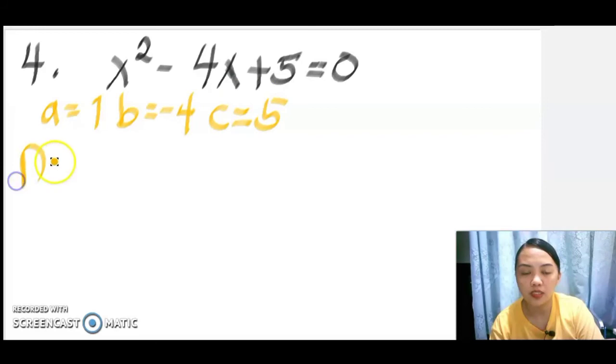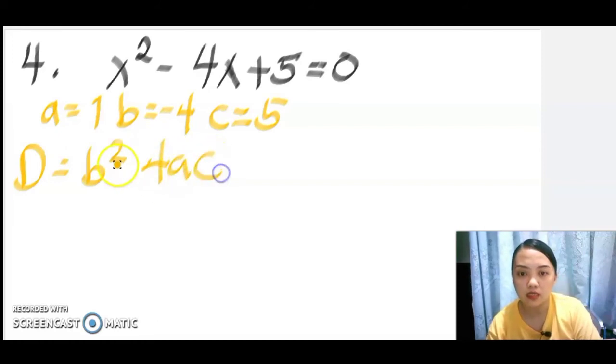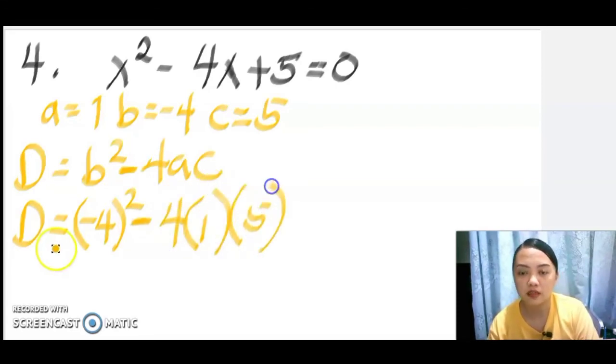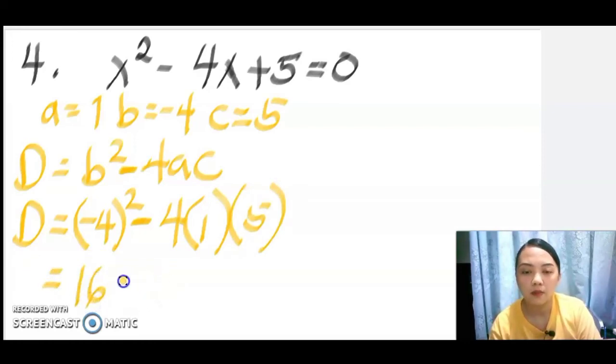So, substitute na natin siya sa formula ng discriminant na B squared minus 4AC. So, D is equal to, ang B natin is negative 4 square minus 4 times 1 times 5. So, negative 4 square is 16 minus 4 times 1 is negative 4 times 5, negative 20.